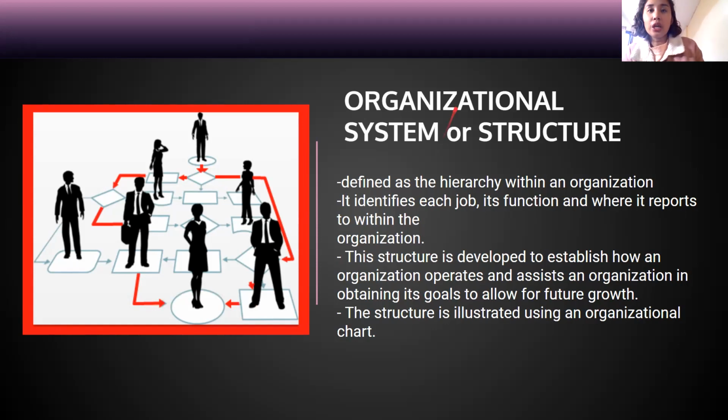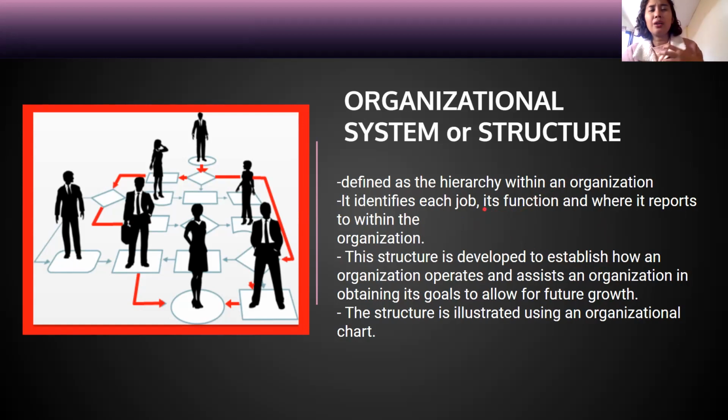So in the structure or system, there is a hierarchy. The organizational charts and hierarchies differ, but there is always someone who manages over you, unless you are the CEO or the owner of the organization. Okay? It identifies each job, function, and where it reports within the organization.